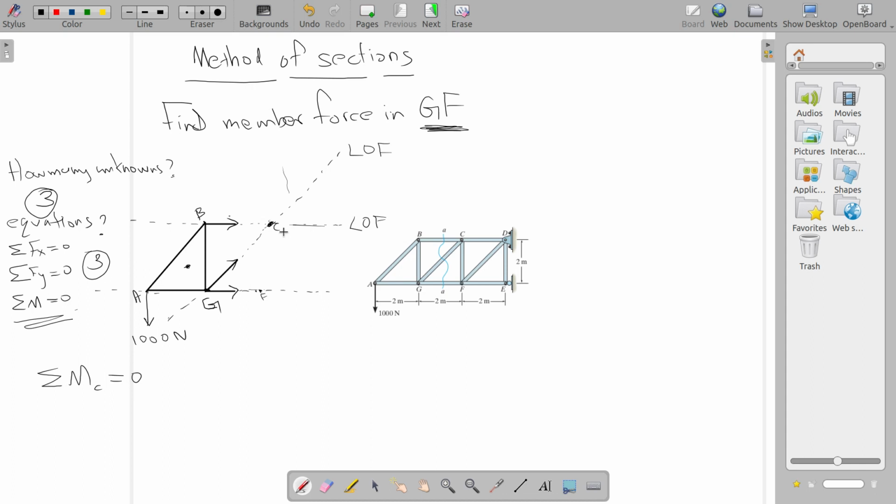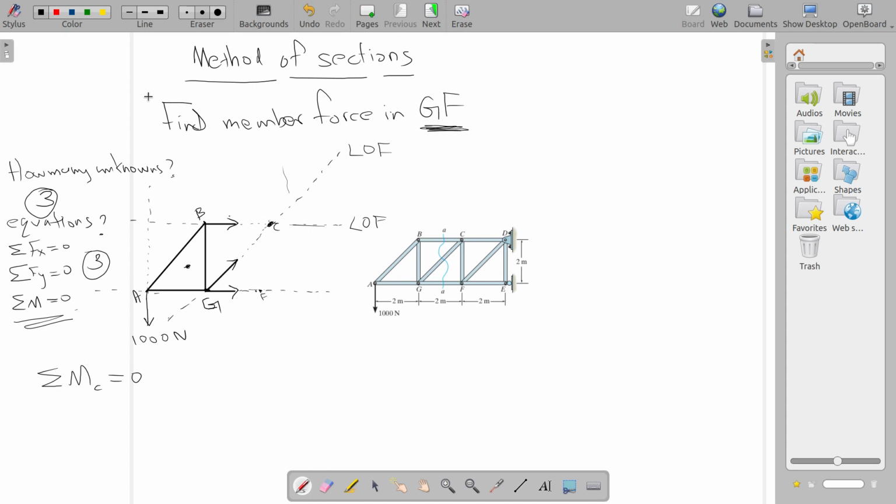So member force BC multiplied by 0, member force GC multiplied by 0, gone. And member force at A, this is another force. So what is the line of action of this force?